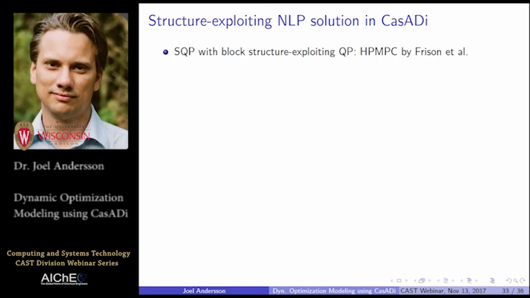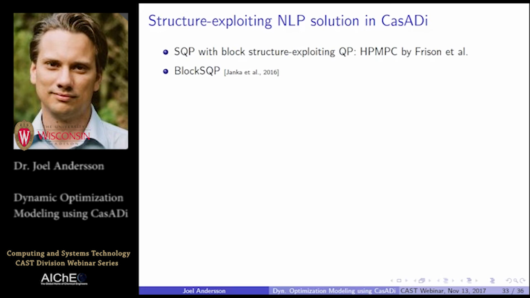So there are essentially three codes that allow you to do structure exploiting NLP solution in CasADi. One is an interface to HPMPC, which is a structured QP method, and then you as a user would have to write your own SQP method around that.